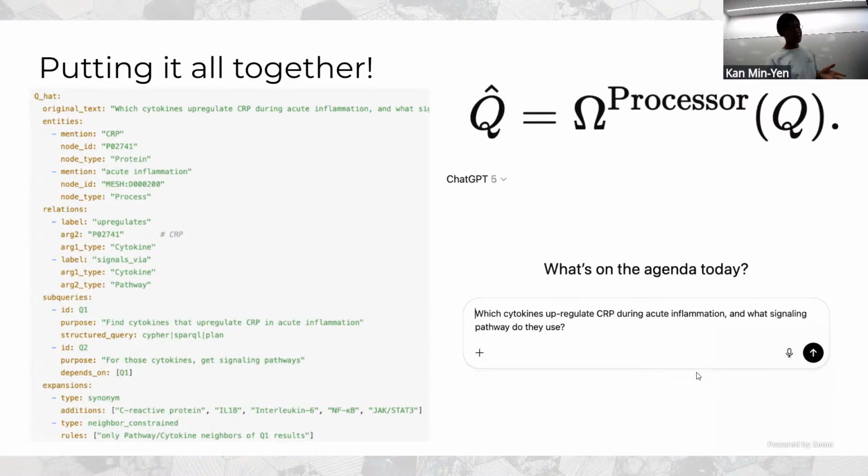You have your entities, relations, subqueries and expansions, and with all of this your retrieval model might traverse the graph and get something usable. At the end of the day, it's a sequential, step-by-step process, at least as outlined by the review paper. You throw in a very broad, not so clear question, and you come up with something domain specific and tuned to your use, which is your Q-head.